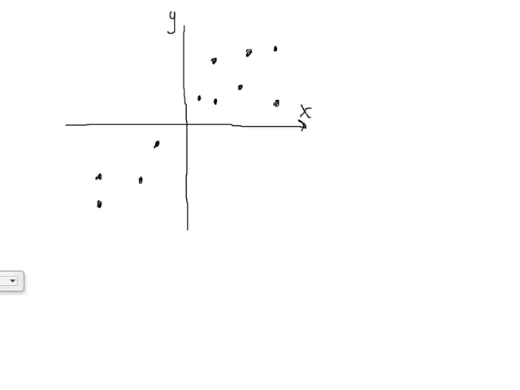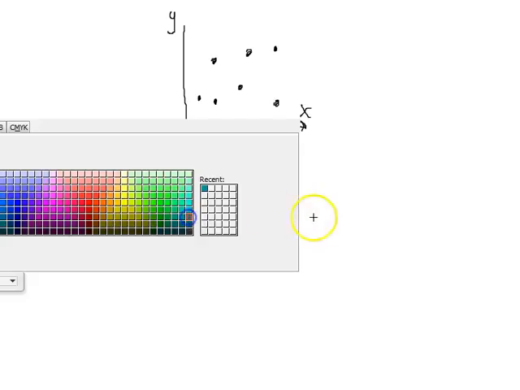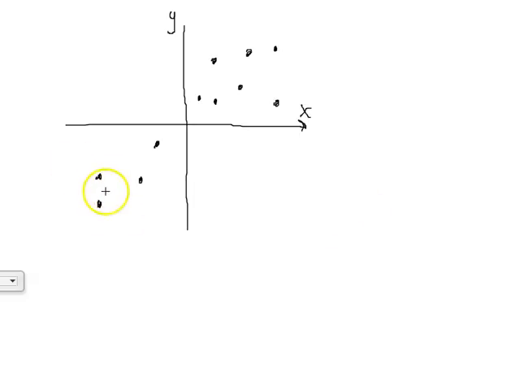So one way is to just manually take a straight edge and try to get your line as close to as many points as we possibly can. And then once we have our line plotted, then we could find some points on the line.